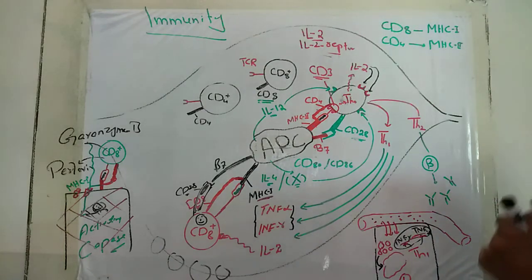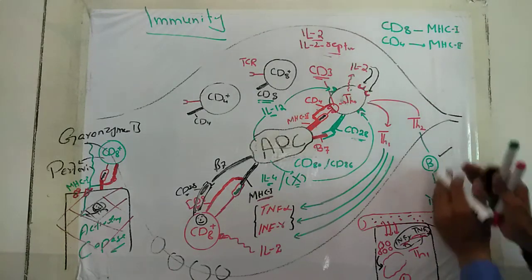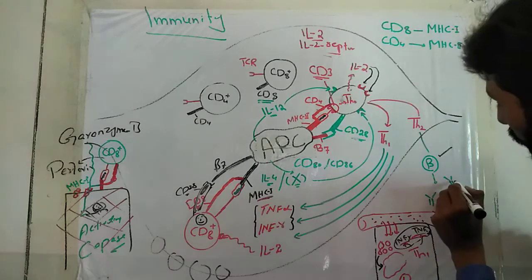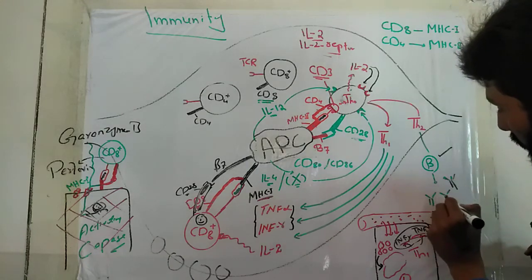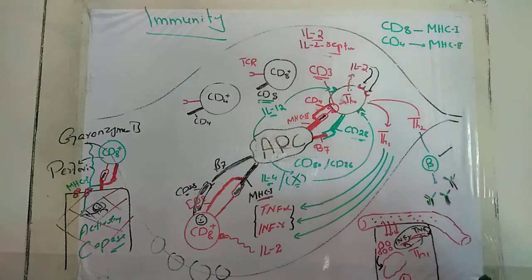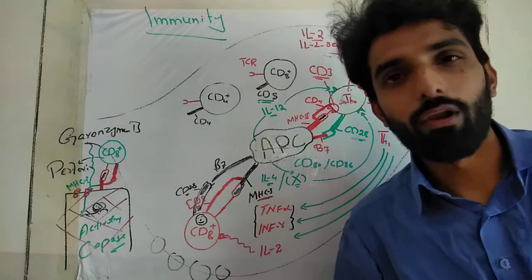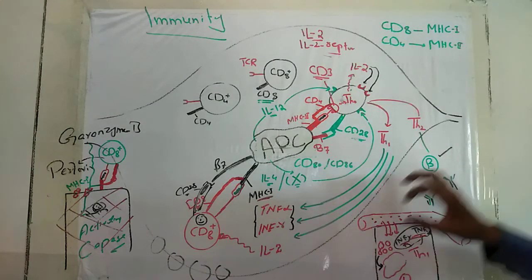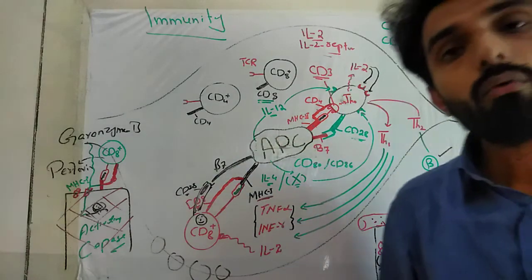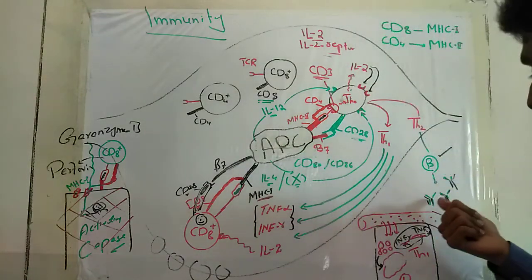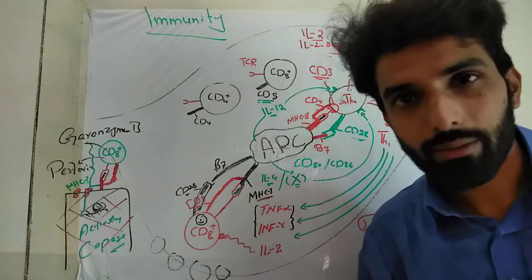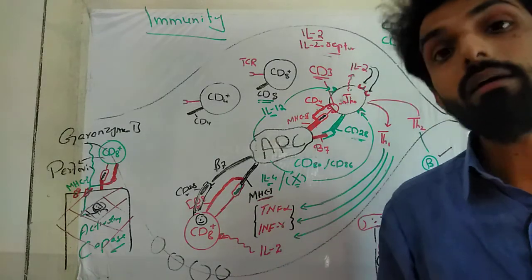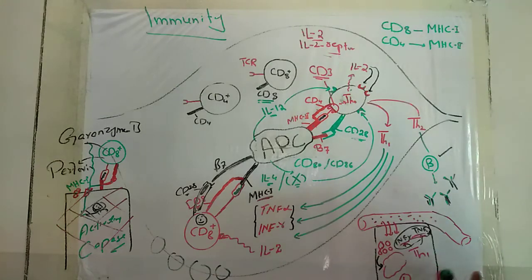Now this Th2 will activate B lymphocytes, and B lymphocytes will start making antibodies, and these antibodies will play their role in humoral immunity. I have explained earlier as well that the detailed mechanism of B cells and cytotoxic T cells will be explained in later videos. What antibodies do, how they neutralize, how they opsonize, all these things will be discussed in the next lecture. Today's lecture was basically related to the activation of T cells in the lymph node.